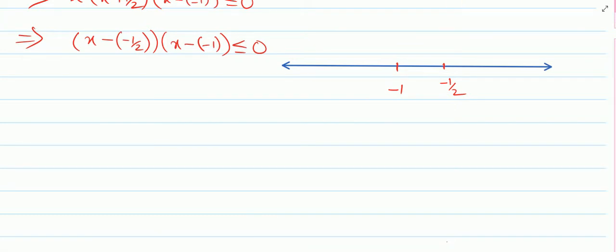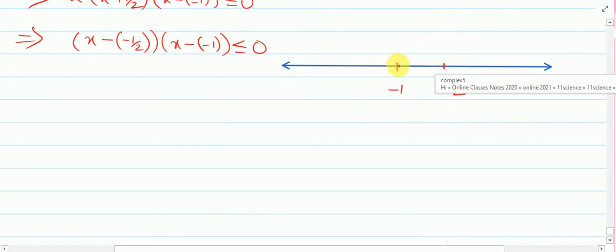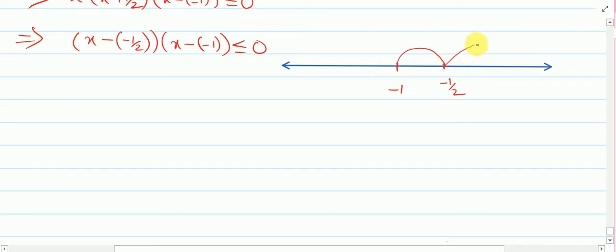Now what you do is, you can make it like this, and here you can see on the right of minus half we don't have any number written, so we will take this till here like this, will not join, just leave it like this, and this one like this.